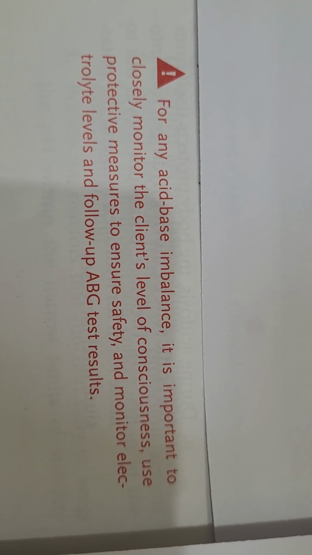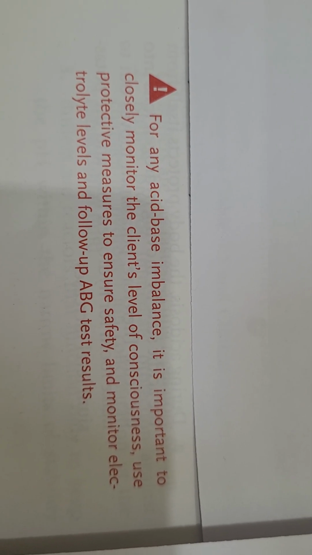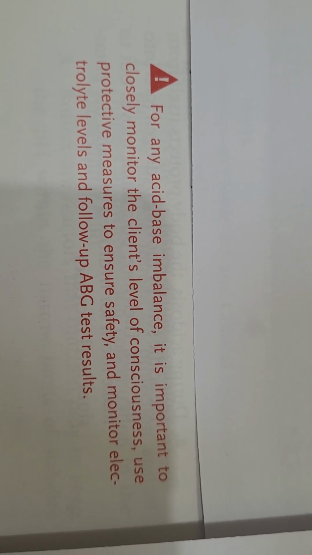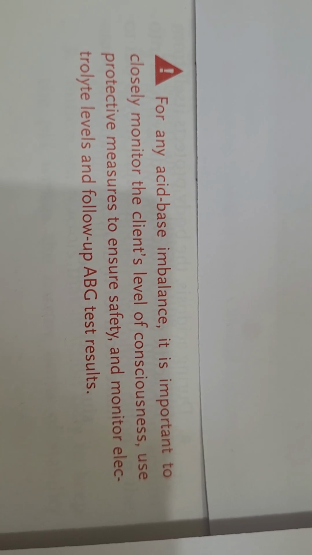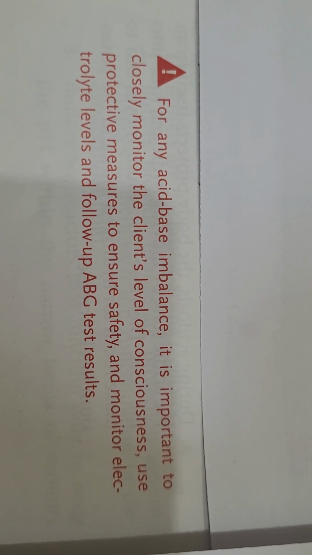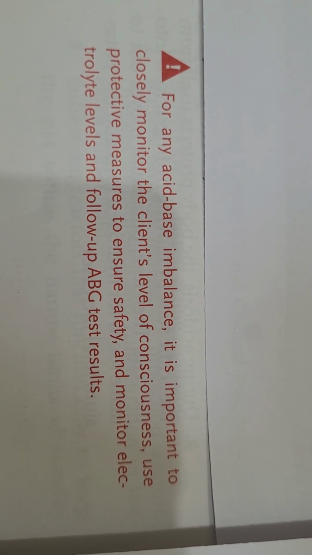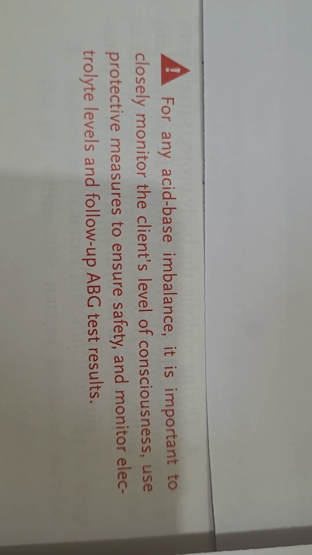We will closely monitor the patient, especially level of consciousness and especially the potassium level. This is very important because if there is hypokalemia or hyperkalemia, the patient can have dysrhythmias. So very closely we have to monitor, always put the patient on the cardiac monitor and monitor the electrolyte levels and the ABG test results.